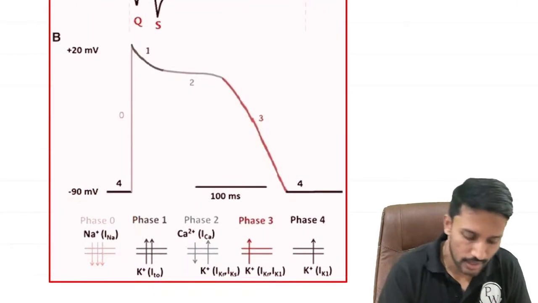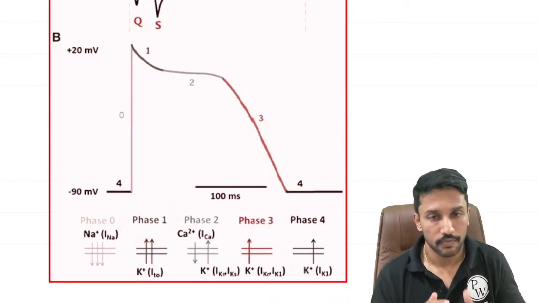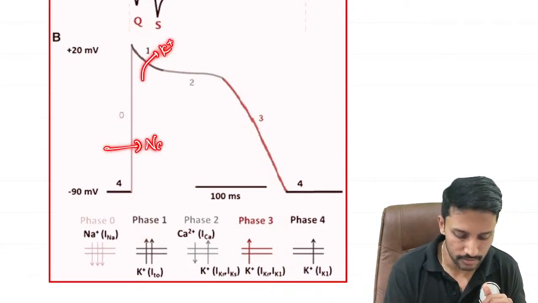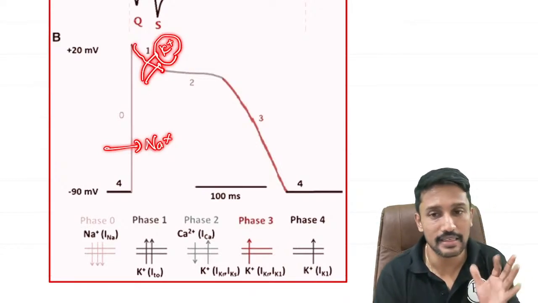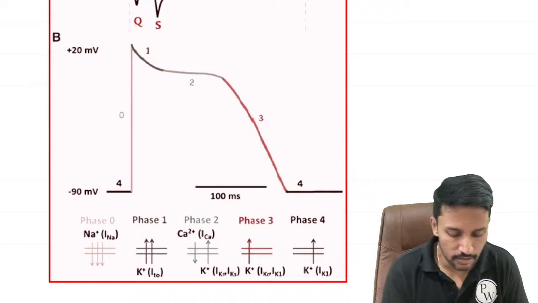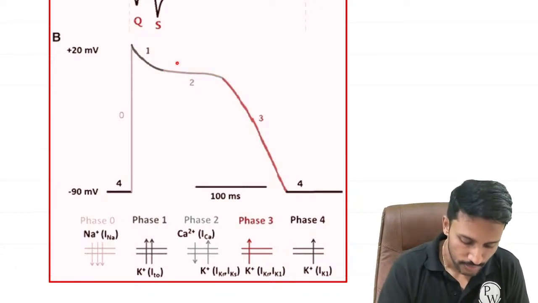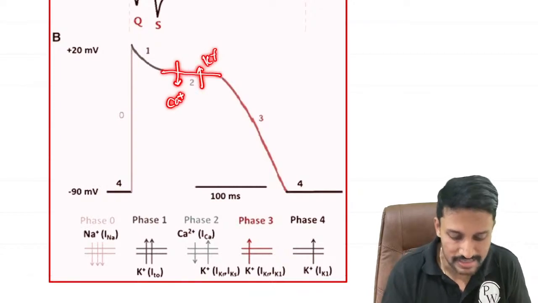Okay, then we have early repolarization. Early repolarization is phase 1, which is because of the efflux of potassium, right? So I got sodium in and then I threw some potassium out. That caused a little bit of early repolarization. After that, we enter into phase 2. Phase 2 is where the influx of calcium matches the efflux of the potassium so that the membrane potential does not change.